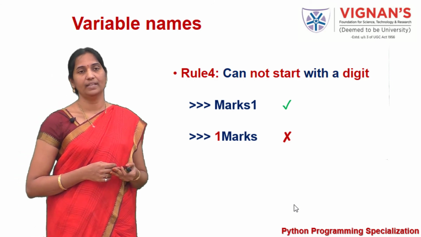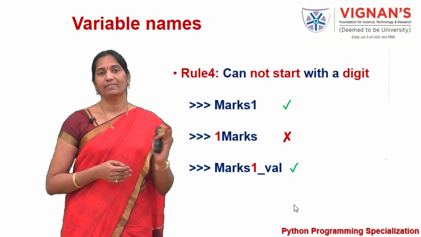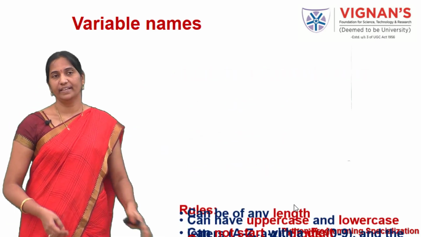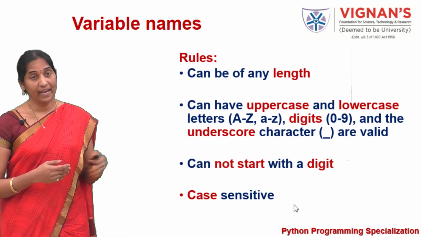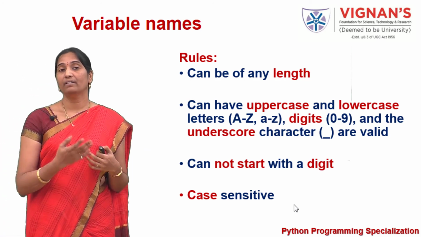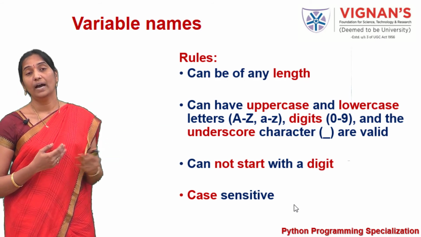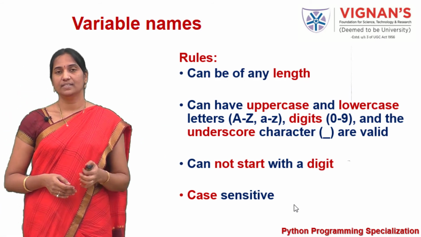Even marks1_ is valid, and a digit in between is valid, but at the beginning it's not valid. To summarize the variable naming rules: variable names can be of any length, they are case sensitive, they can have uppercase or lowercase letters or even digits, and they can include the underscore character, but they cannot start with a digit.